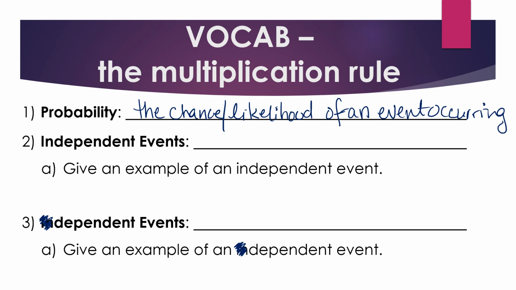If you have independent events, just very briefly, it means that they stand alone. One of them does not affect the other. So they do not affect the outcome of each other.